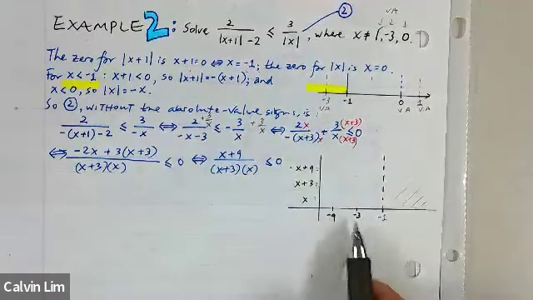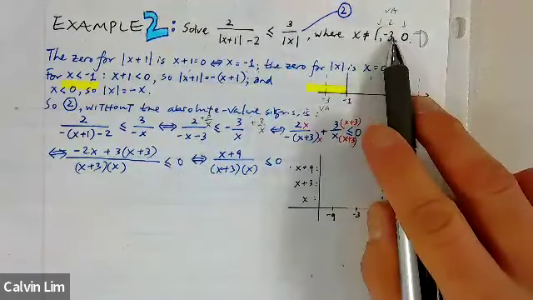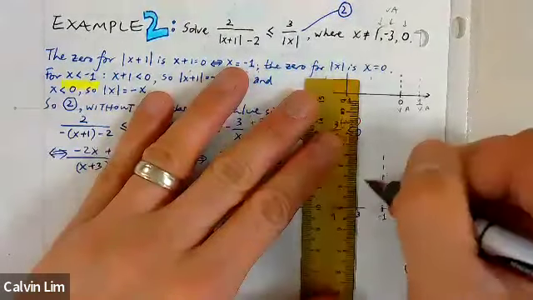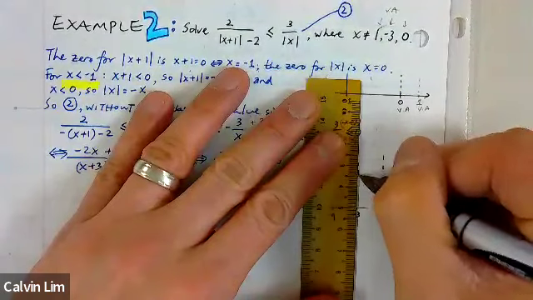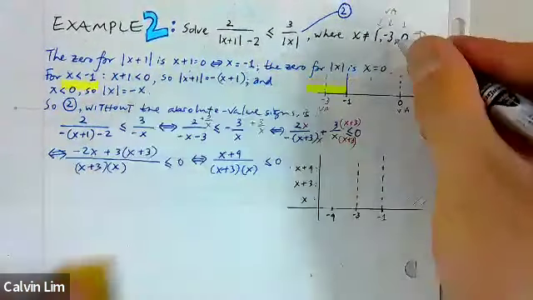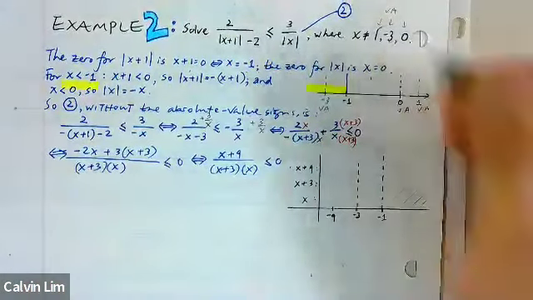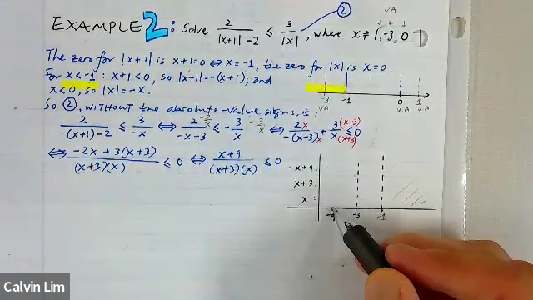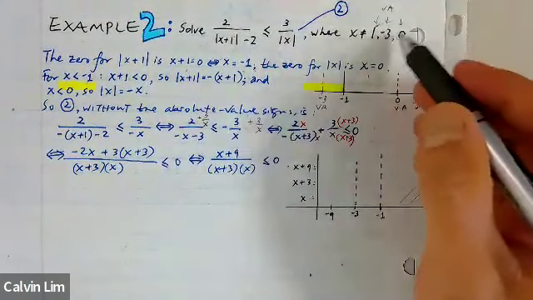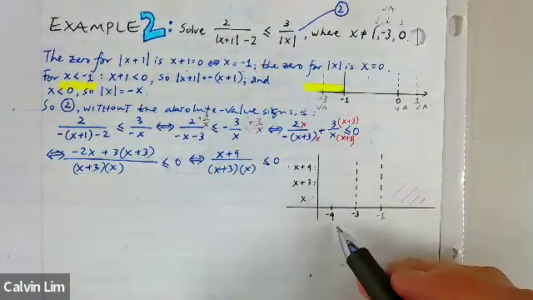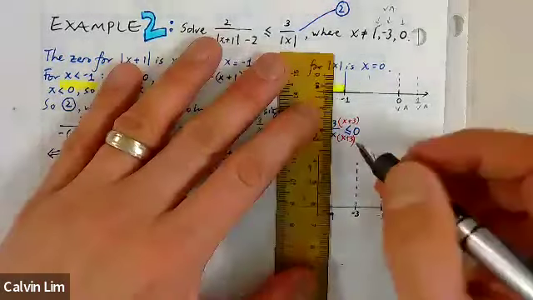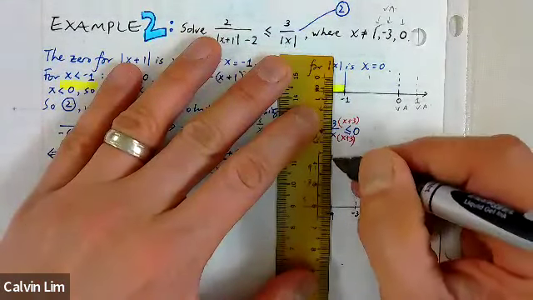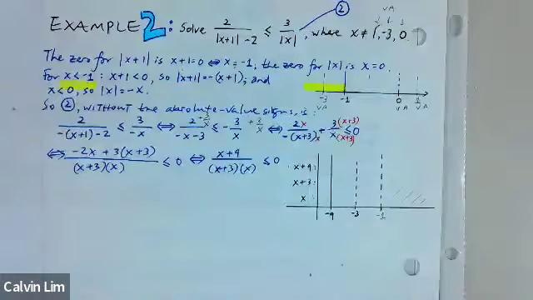When x equals -3, we have a vertical asymptote, so that is also a dashed line. What about x equals -9? It's not an asymptote, so it's a solid line.